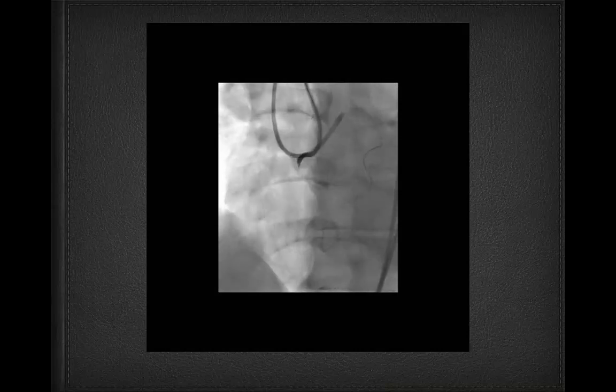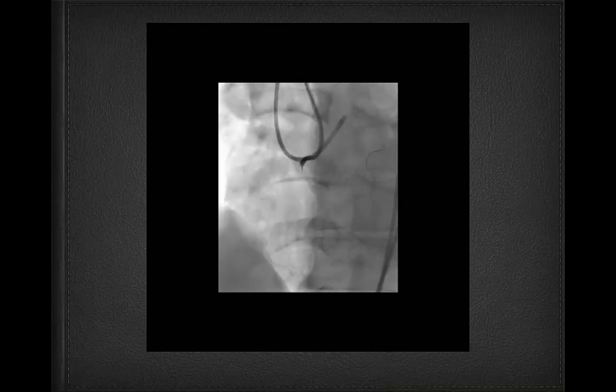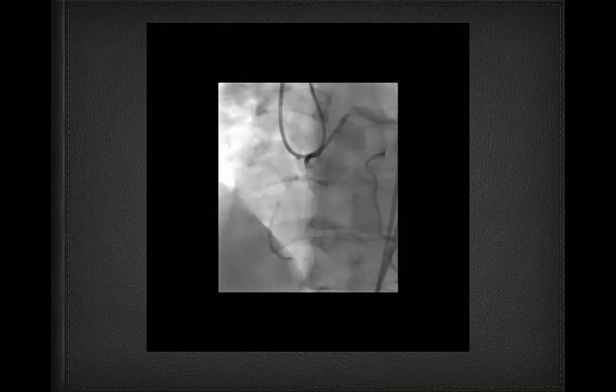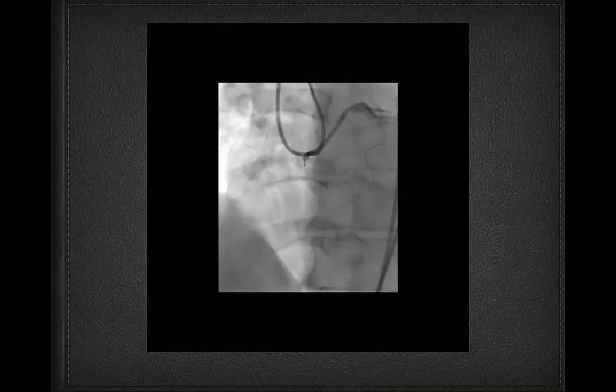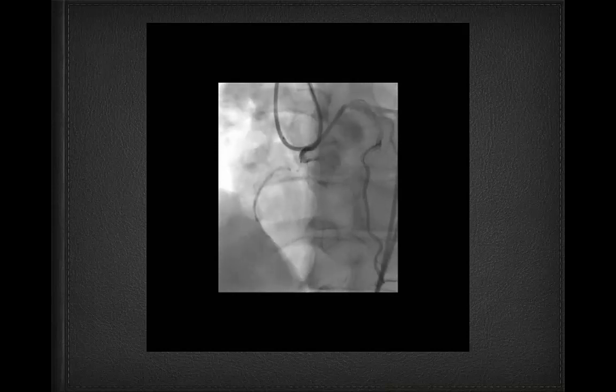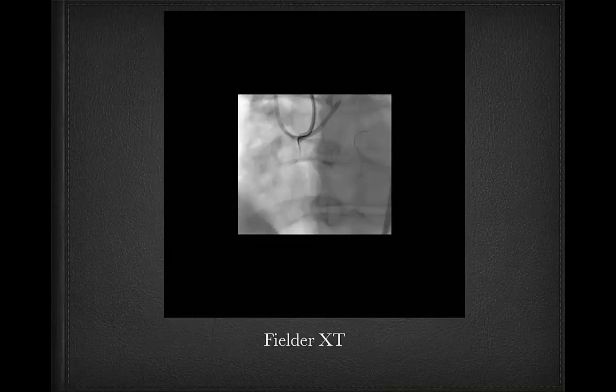So in that situation, I was not so confident because, as you can appreciate, I don't know if the Confianza is in the right direction or not. So I just punctured the proximal cap, then exchanged for a Fielder XT wire.